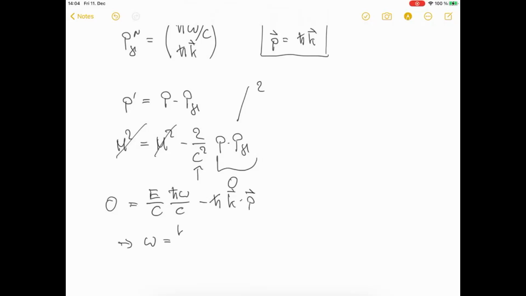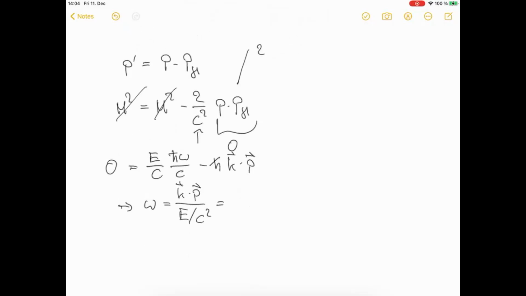Which means that we can deduce omega equals k dot p divided by E over c squared, which we can now rewrite in a little bit more favorable fashion as c times k dot p over E over c.